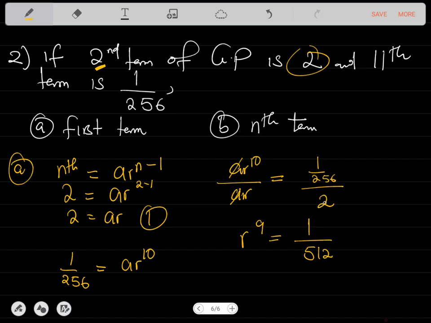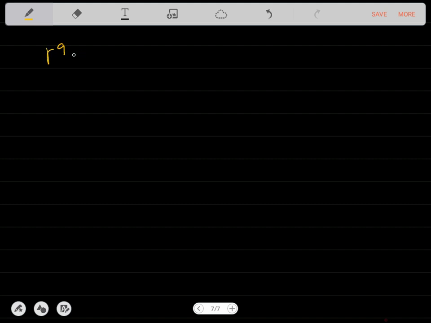Since these two are dividing, these two will multiply each other. So we are looking for a number which we can raise to the power 9 to give us 512, which is 2 to the power 9. So 2 to the power 9 is actually 512. What this means is that r to the power 9 is equal to 1 over 2 to the power 9.